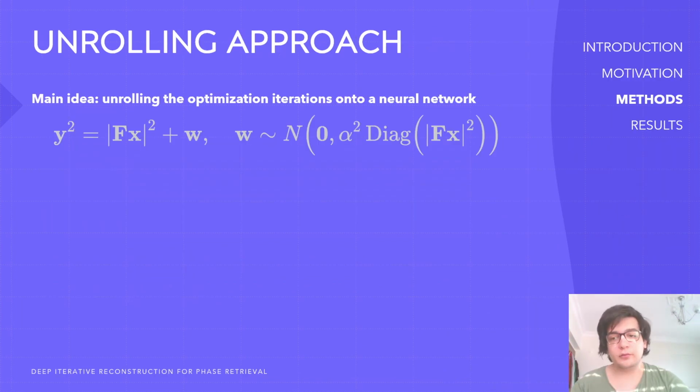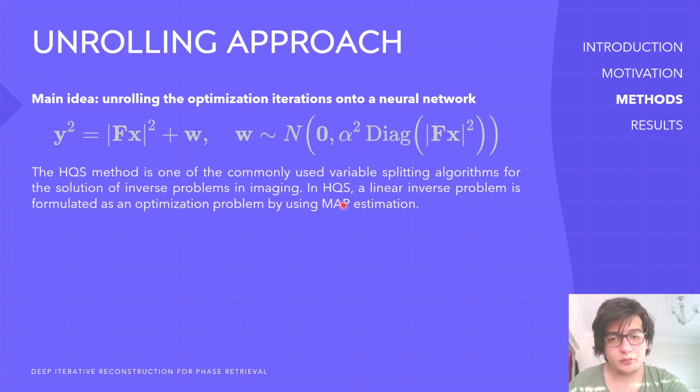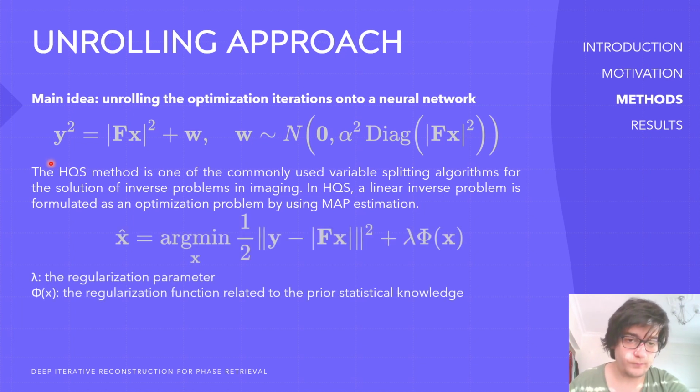So I also tried an unrolling approach. And the main idea here is to unroll the optimization iterations onto a neural network. So our problem is given here. If we can write an optimization problem, we can find optimization iterates, and we can unroll them onto a network.